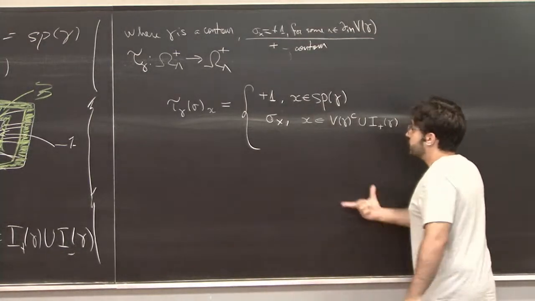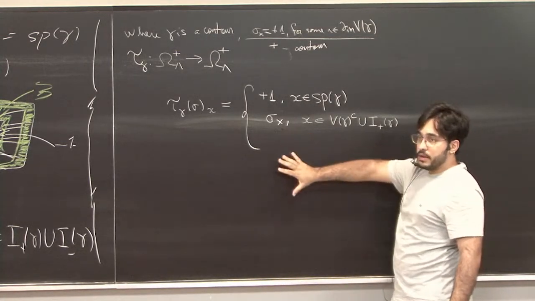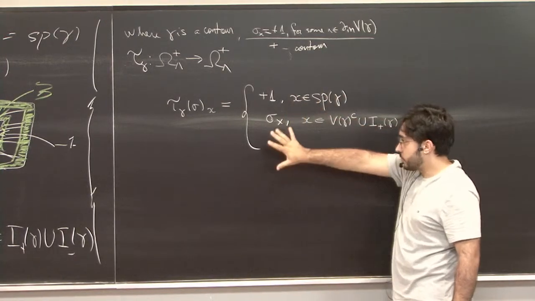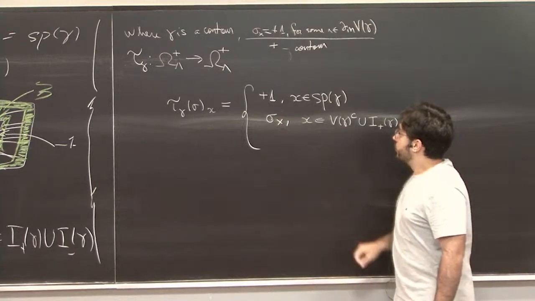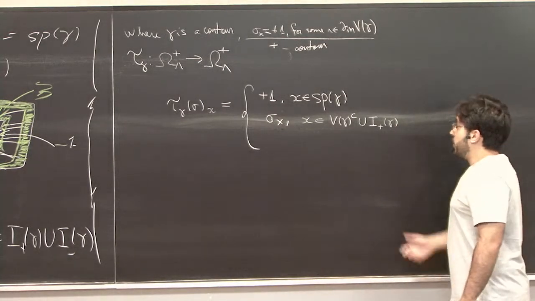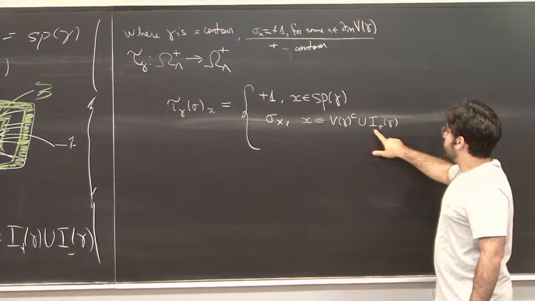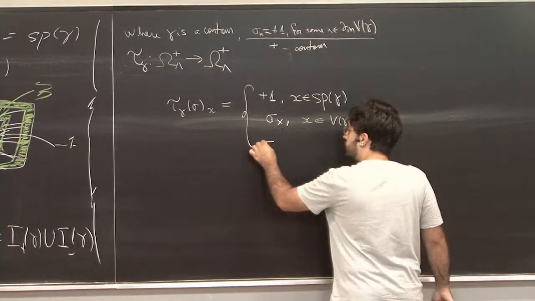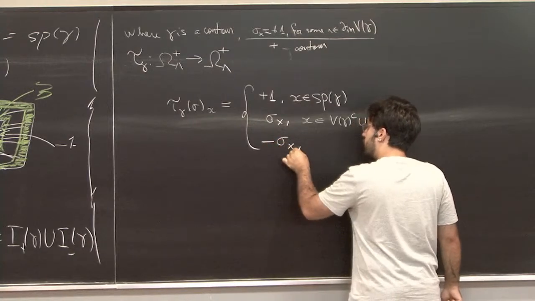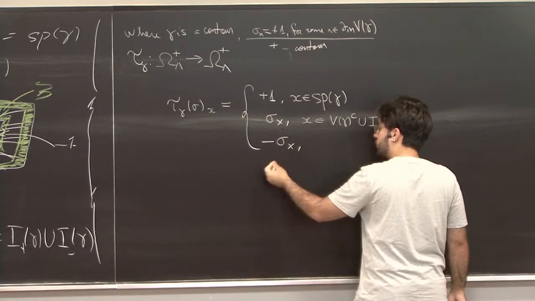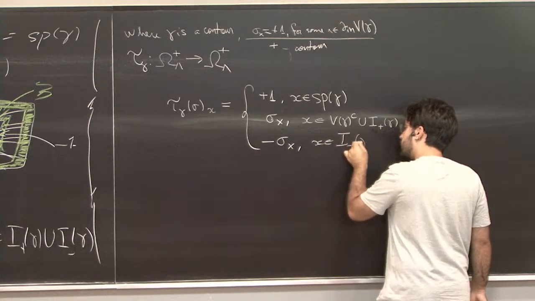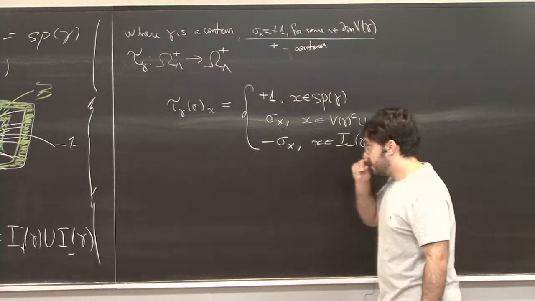So in particular, this operation will preserve any other contour that is outside V gamma, any other contour that may be present for sigma, and also the contours that are inside the plus interior. And then you take minus sigma x, so you flip the configuration, if x is in the minus interior. Okay?